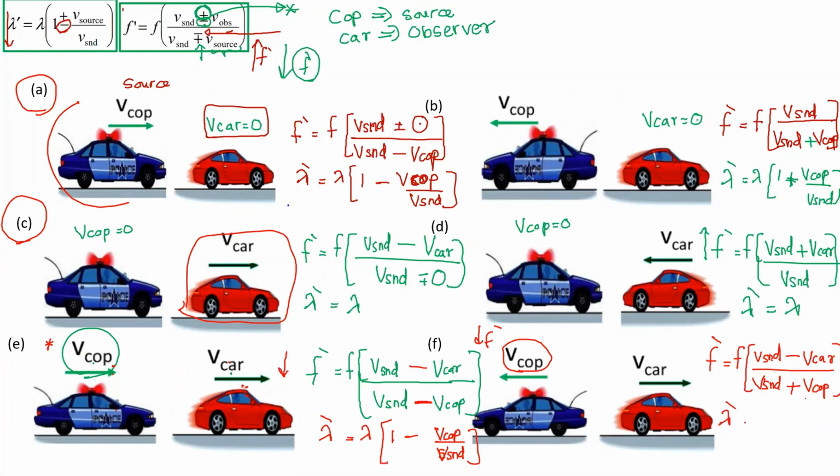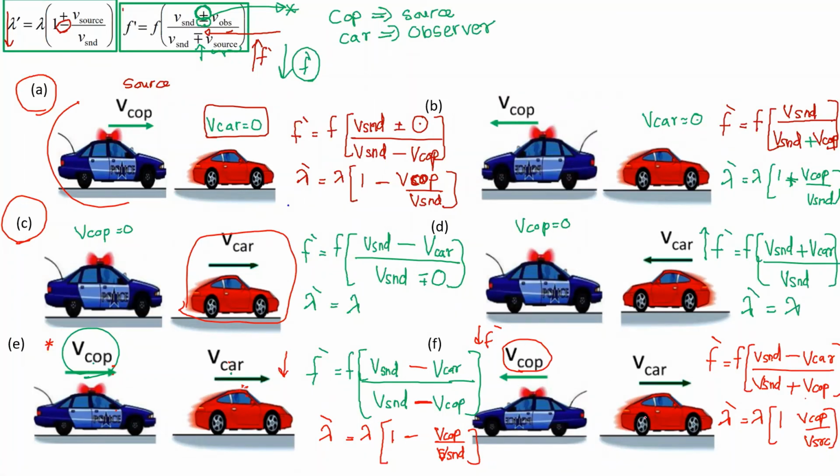What about lambda? For this, you just think about the cop. What is he trying to do? So you are correct. The cop is trying to go away from the car, right?